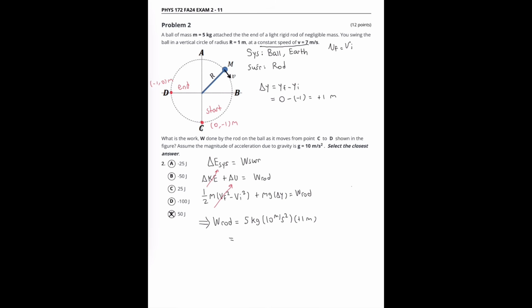So that will give us an answer of 50 kilograms times meters squared divided by second squared, and that is equivalent to 50 joules. Therefore, that will give us answer choice E.